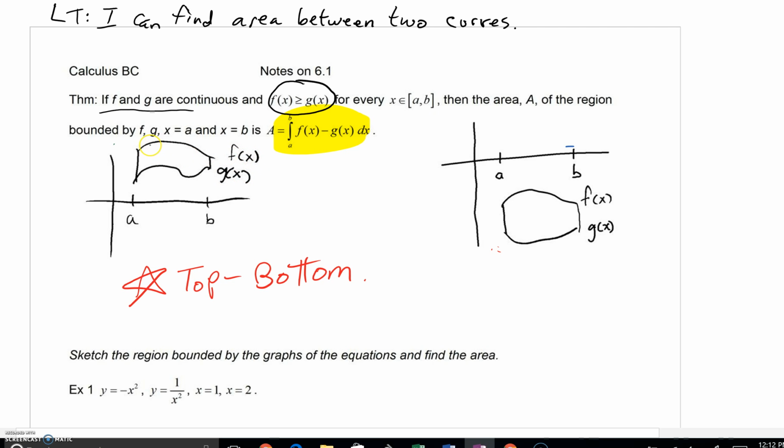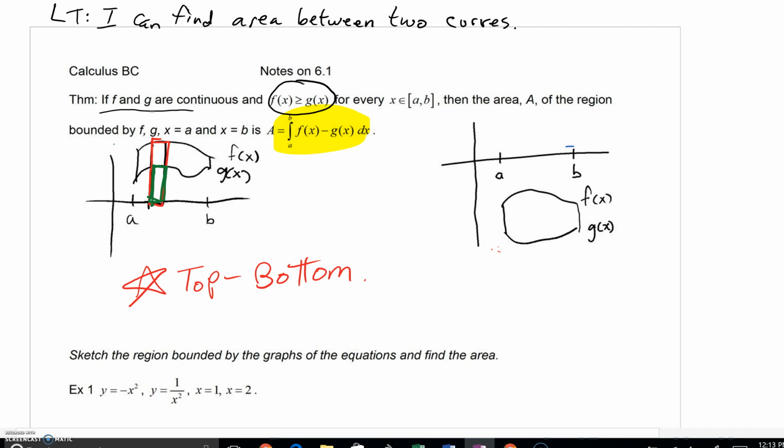If you look at f(x), you could see that we could make ourselves a rectangle right here. Let's just say that I'm making this rectangle in red. And for g(x), if we were to make a rectangle here, let's just say I had that in green, that would be like so.